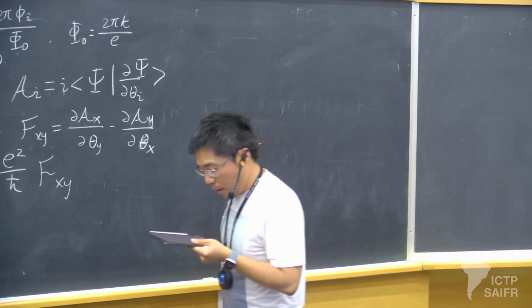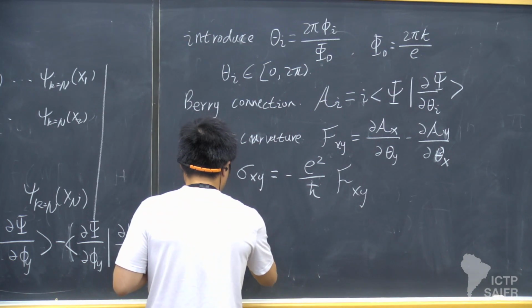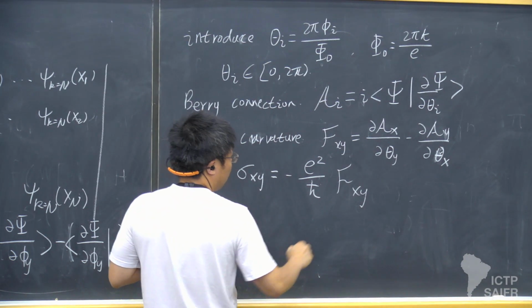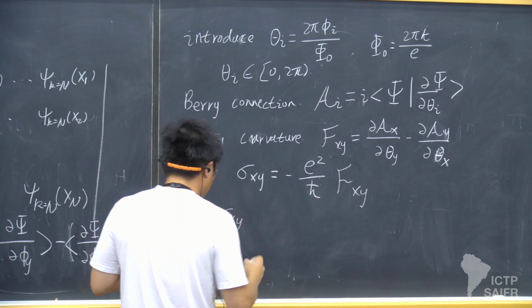And let's do one further thing, that is, average over theta_x and theta_y, since they are periodic.